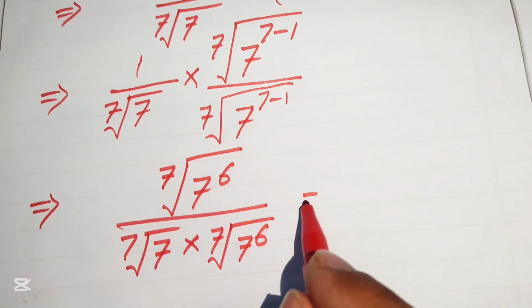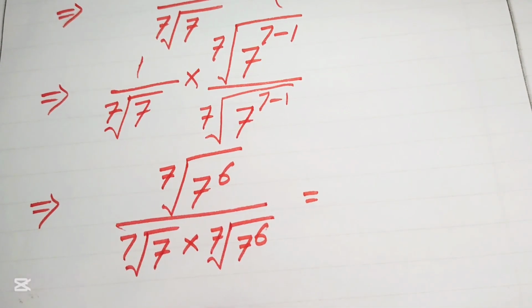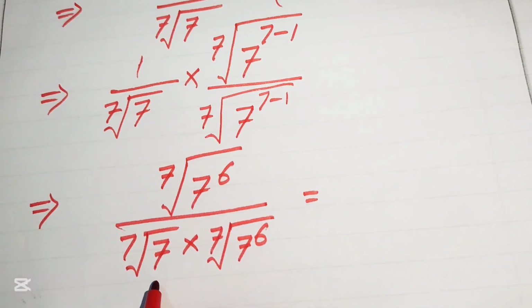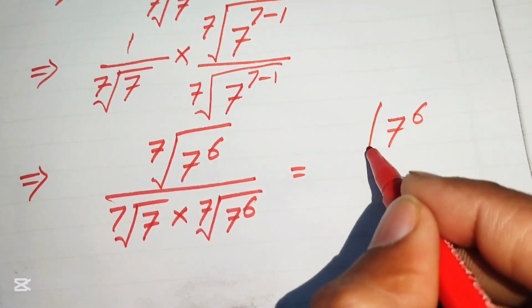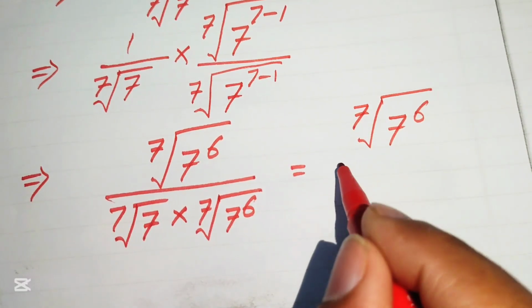Okay, so further we need more simplifications. Now here you see in the denominator term we have the seventh root of 7 times the seventh root of 7 to the power of 6.